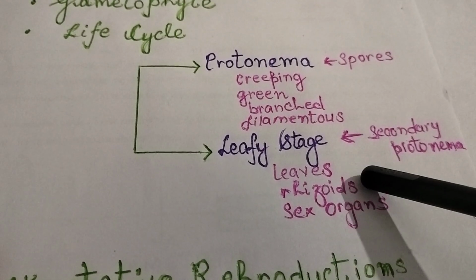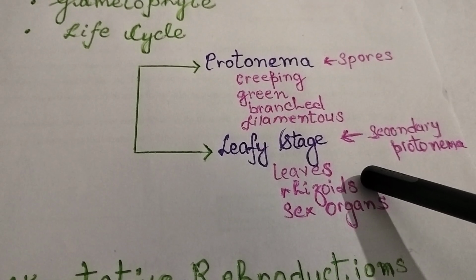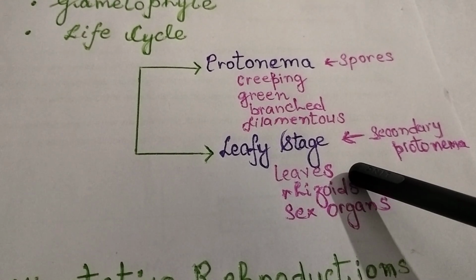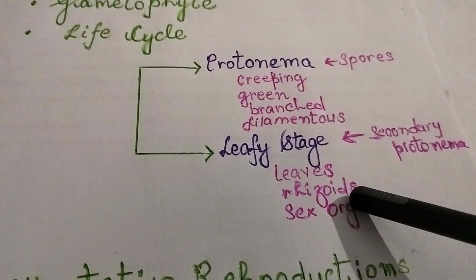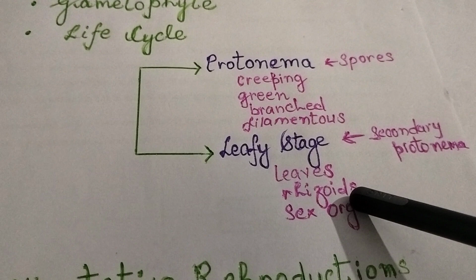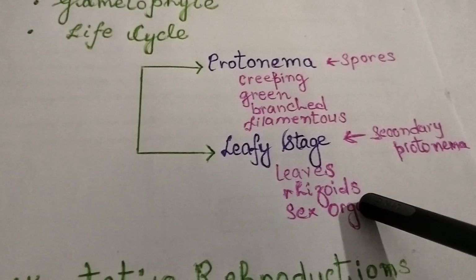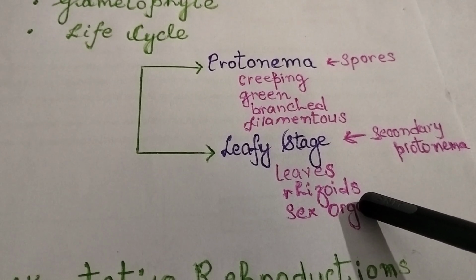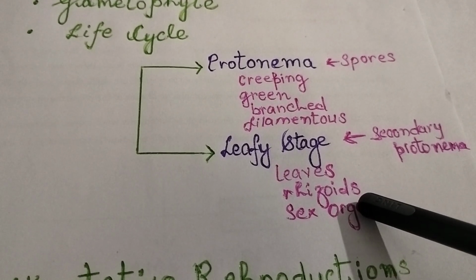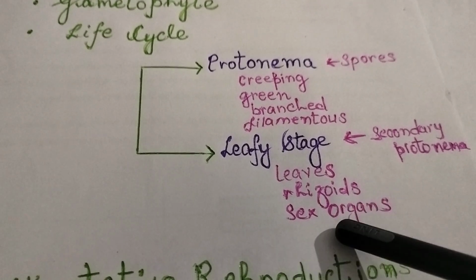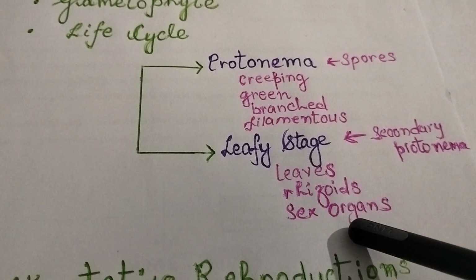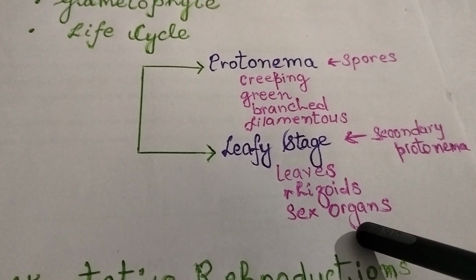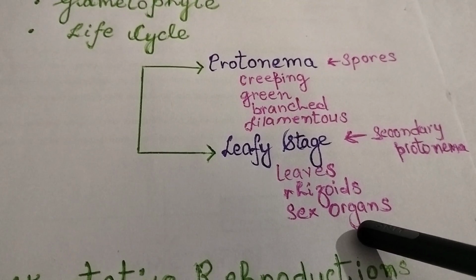It bears an upright, erect axis which bears leaves and is attached to the substratum with the help of rhizoids. These rhizoids in mosses are multicellular and branched, and this leafy stage bears sex organs.